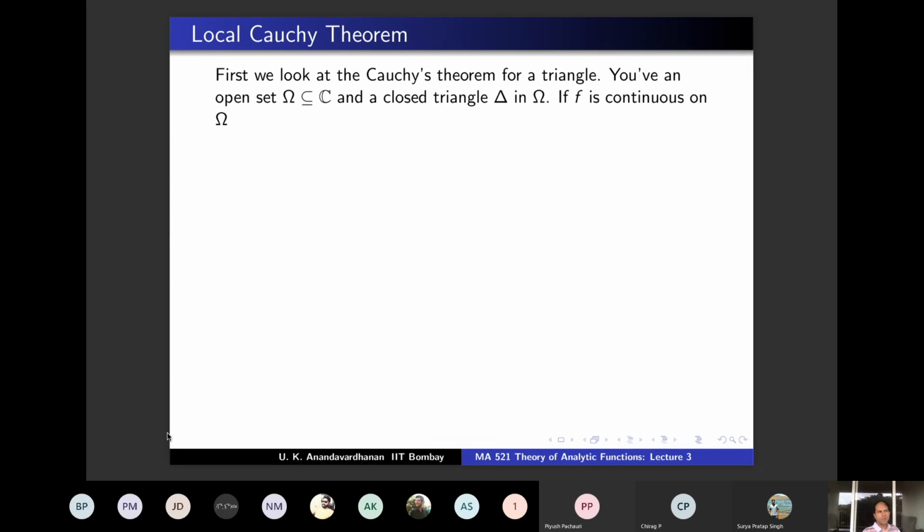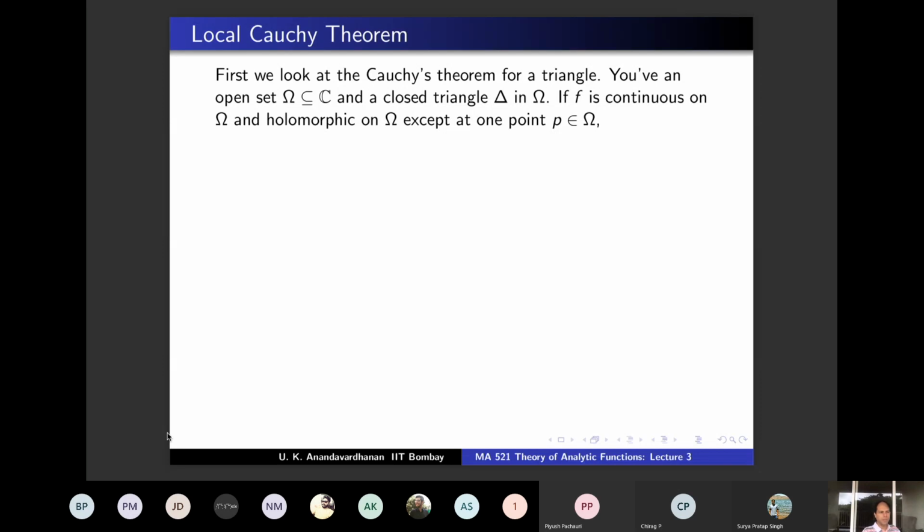And verbally I said f is holomorphic throughout, but I'm not assuming holomorphic throughout. I am assuming only holomorphic throughout except at one point. Okay, so this is a formulation which is going to be useful later. Of course, it follows from this that it's holomorphic everywhere. That's another matter. But under this assumption, we want to have a proof.